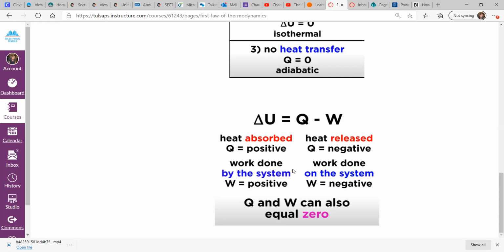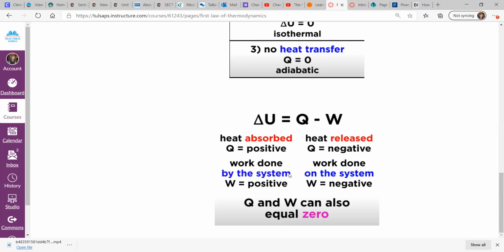If a system is absorbing heat, Q, which stands for heat, is positive. If heat is being released from the system, Q is negative, all right? If you're gaining heat, you're absorbing heat, that's positive. If you're losing heat, releasing heat, that's negative Q.